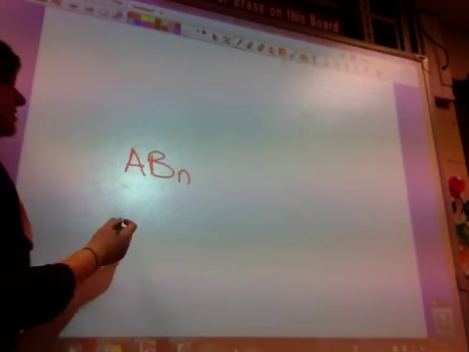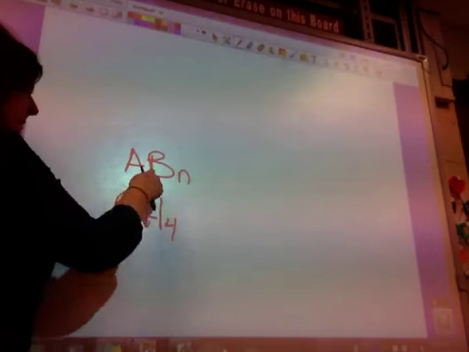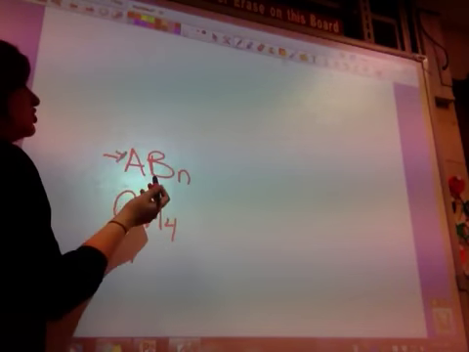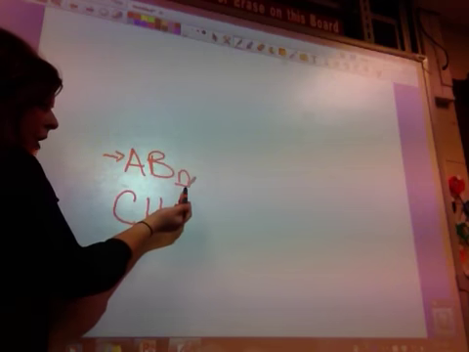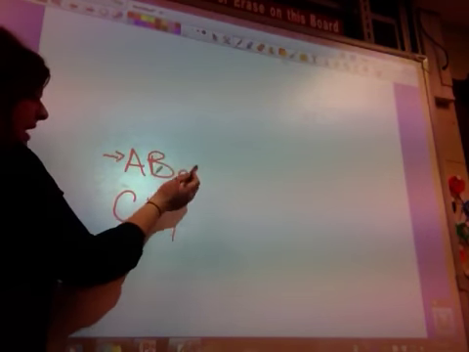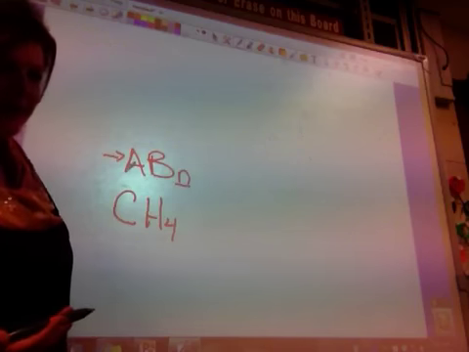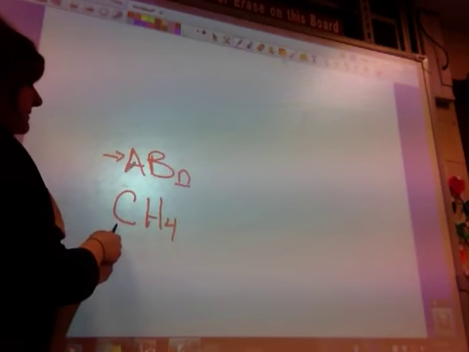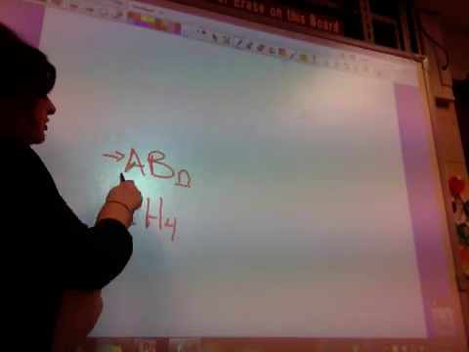So instead of saying CH4, that's the same thing. This is just a very generic form. This N is just telling me how many of these surrounding atoms I'm going to have. And then A typically just stands for the central atom.